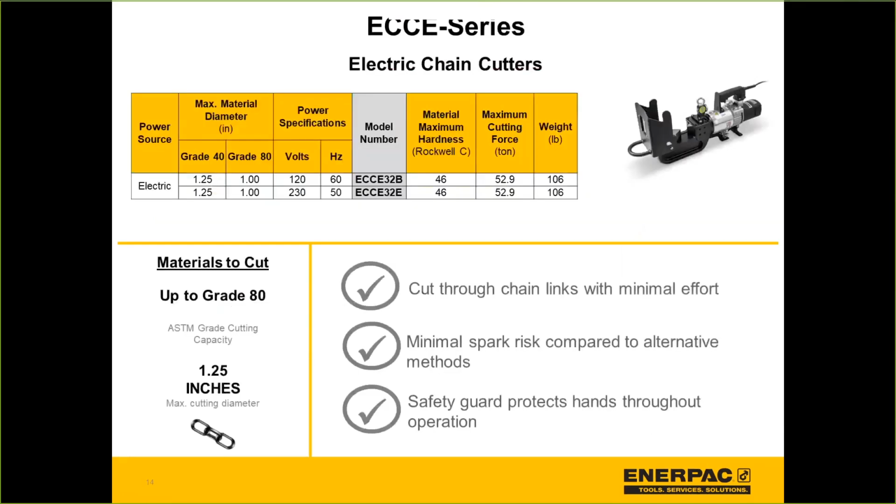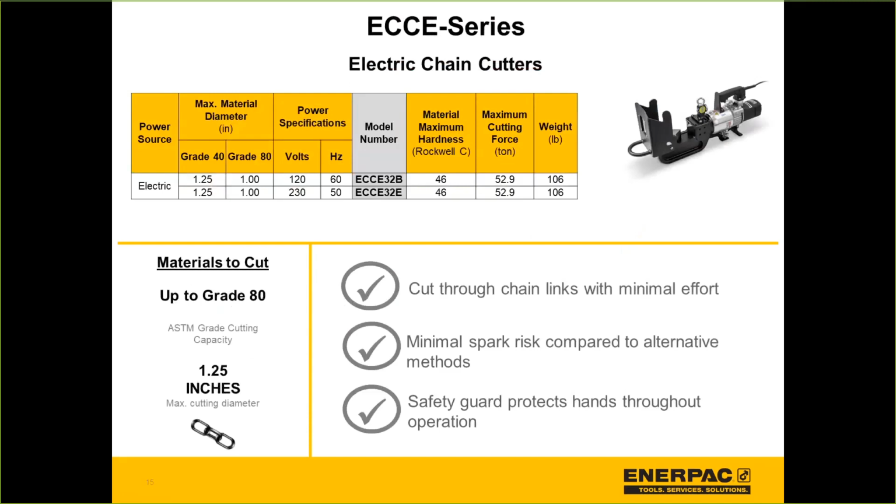Next slide, please. Enerpac offers, at this point, a self-contained electric tool. This chain cutter is capable of cutting up lengths that are up to 1.25 inches. And if you've never seen a chain of that size, this is a very good size chain with individual lengths that are 1.25 inches in diameter of the grade 40.